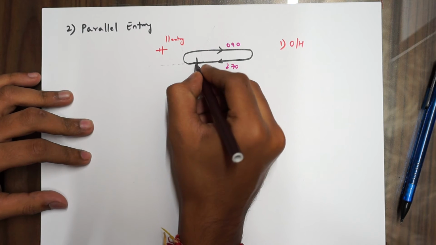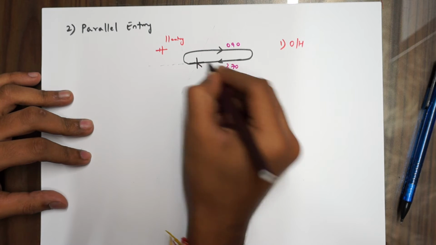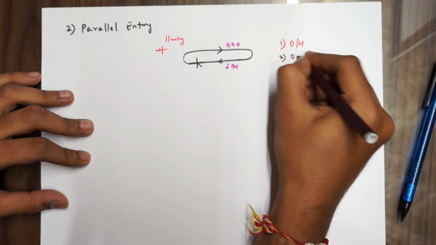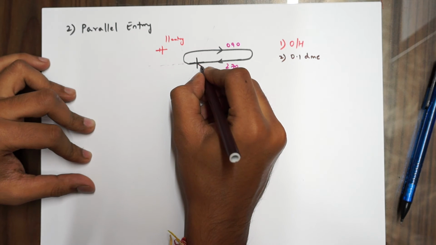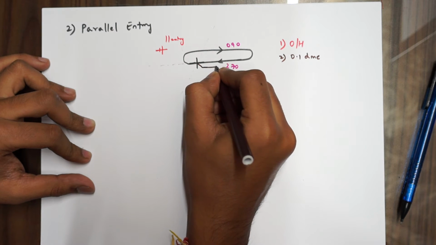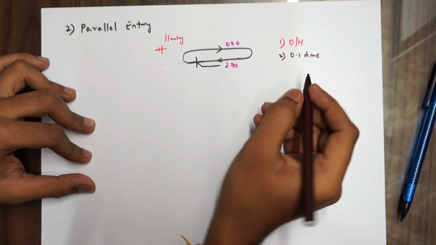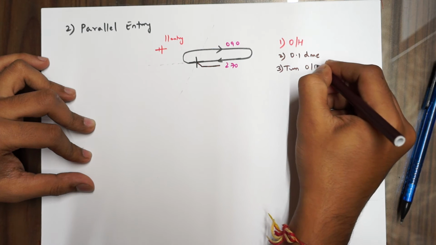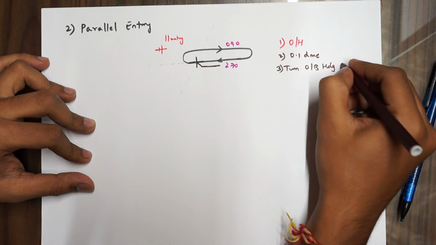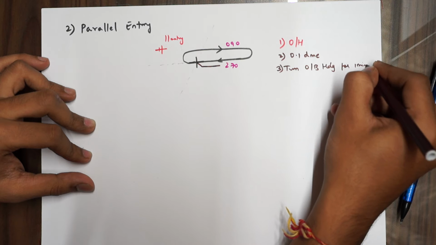After that, have a positive DME reading, for example 0.1 DME on the DME equipment, and then turn outbound on the outbound heading, which is already given in the chart, for 1 minute.